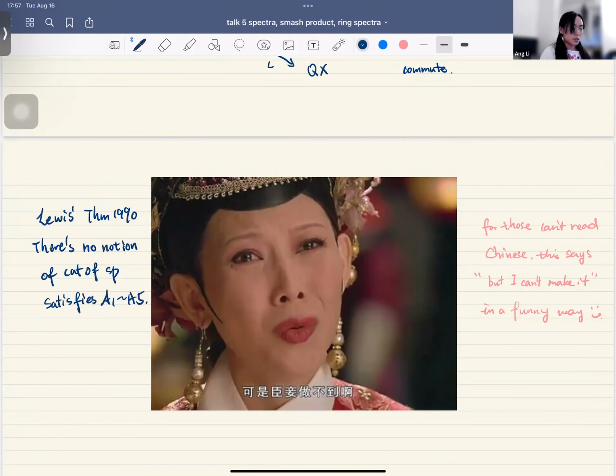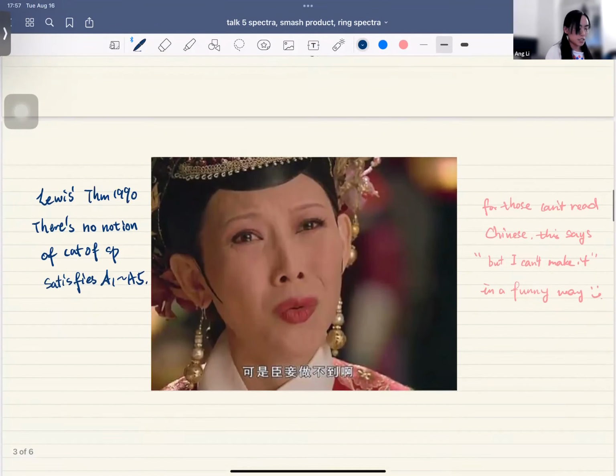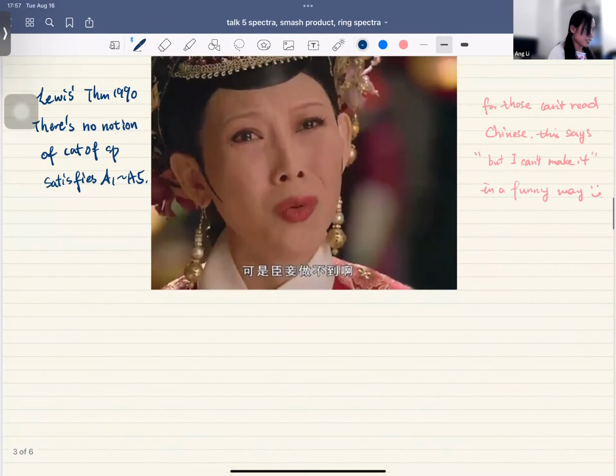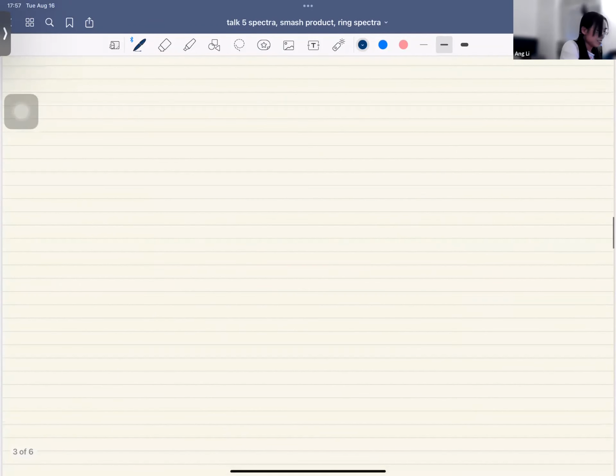Okay, so let's briefly explain why. First, we are assuming we have such a category and we call it the category of spectra, and we assume it satisfies all the axioms.